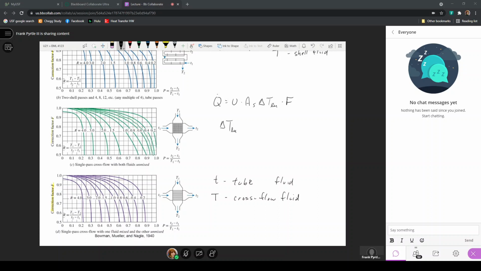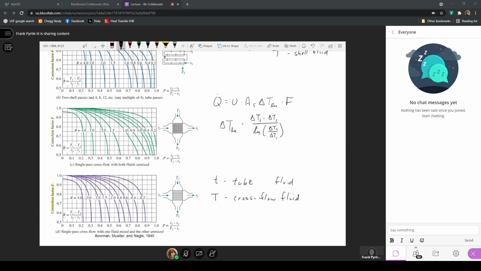So I'm going to write for this problem, this is delta T2 minus delta T1 over the natural log of delta T2 over delta T1. Whenever we're writing this expression with the correction factor, we calculate the log mean temperature difference based on a counterflow double pipe heat exchanger.